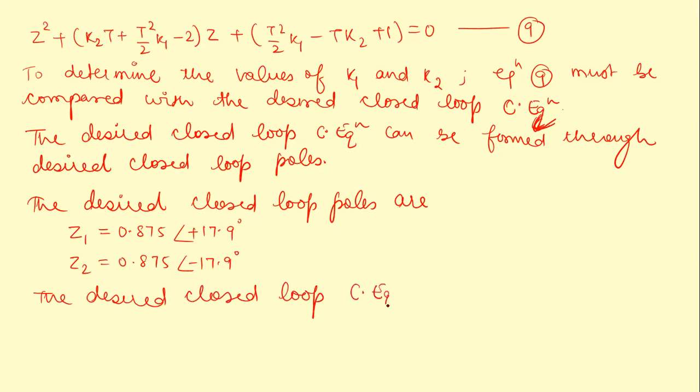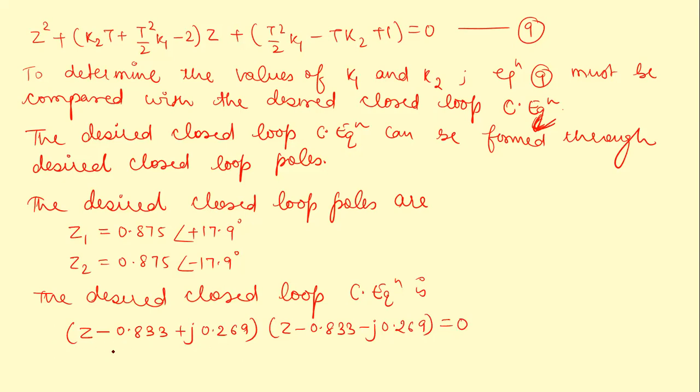characteristic equation. It is z minus 0.833 plus j0.269 into z minus 0.833 minus j0.269 is equal to 0.